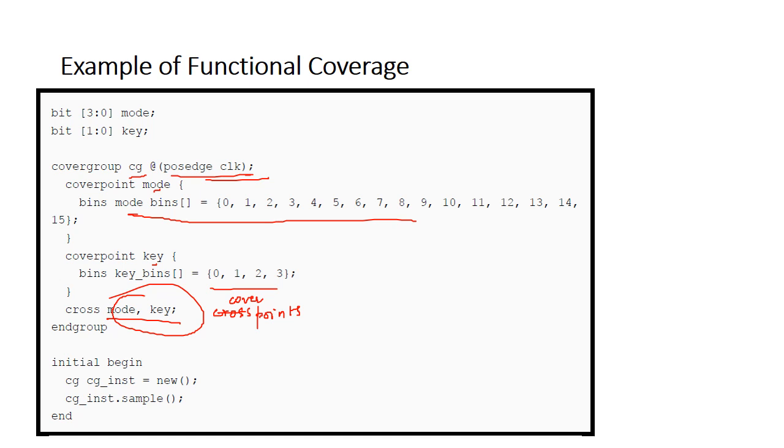To summarize briefly what functional coverage is, it is going to measure how much of the design's functionality has been exercised using user-defined cross groups, cover groups as well as cover points.